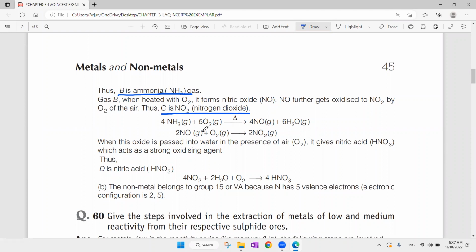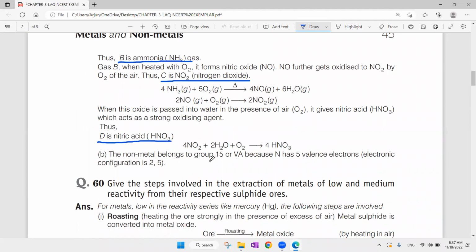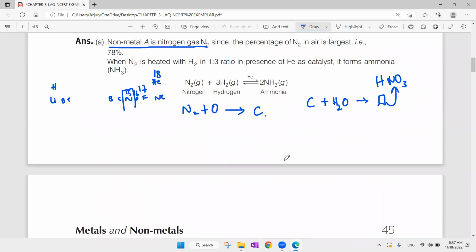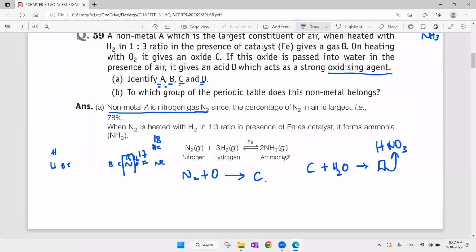Then when it is passed through water, it gives an acid that is a strong oxidizing agent, that is nitric acid. So D is nitric acid, underline this. And at last, it belongs to the 15th group or 5A group. That is the answer you have to write.